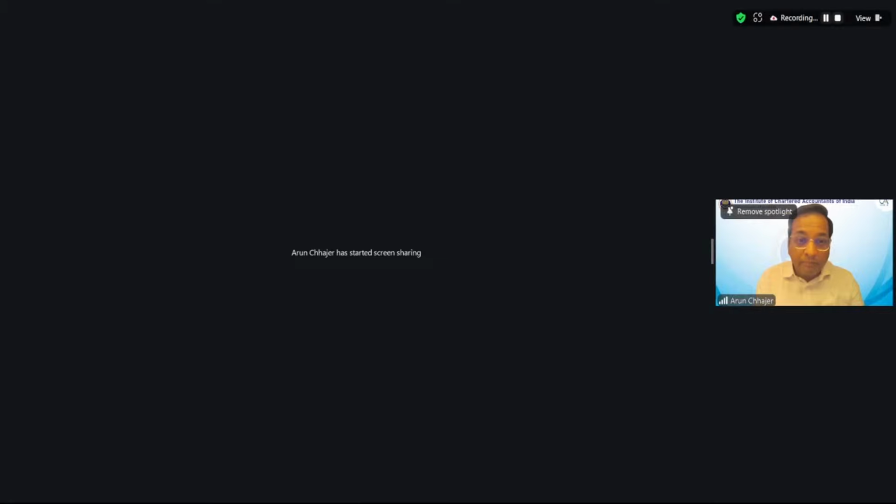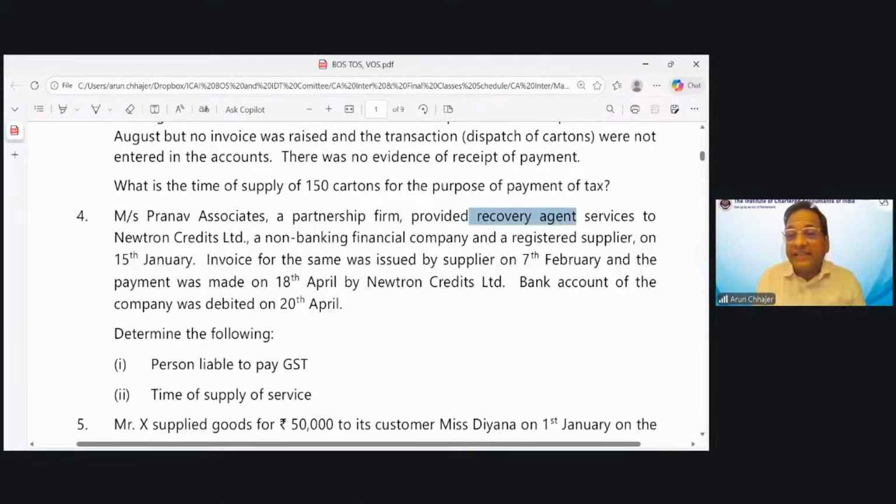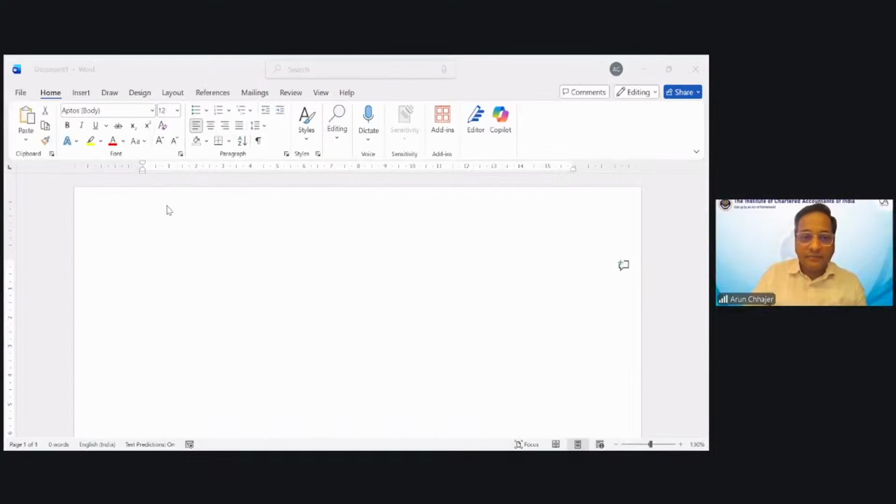But the question which is there is on a recovery agent. In case of a recovery agent, it will always be under RCM. So if it is DSA, we need to see if the supplier is an individual, then RCM would be applicable.